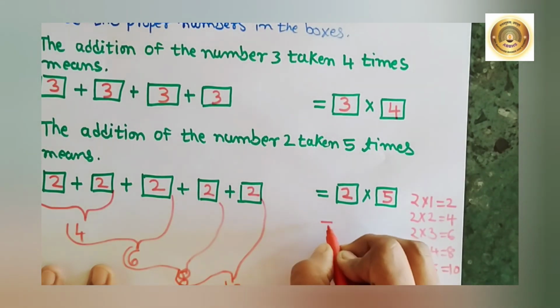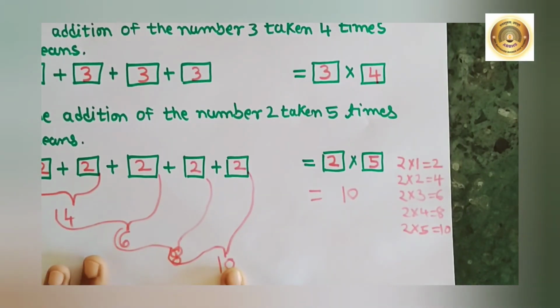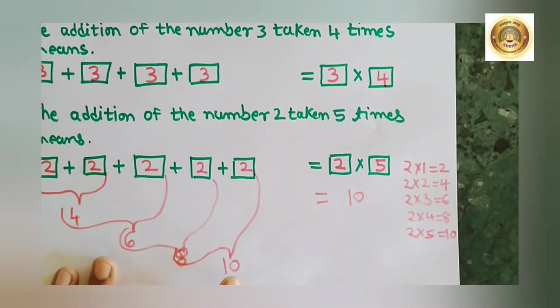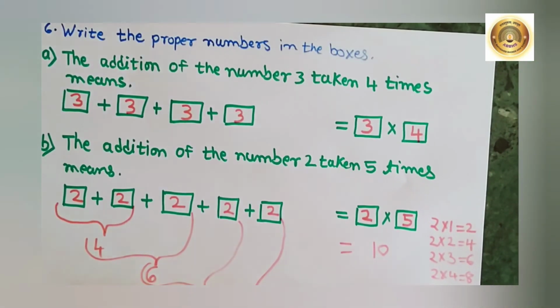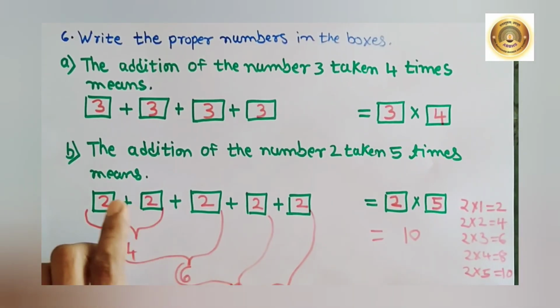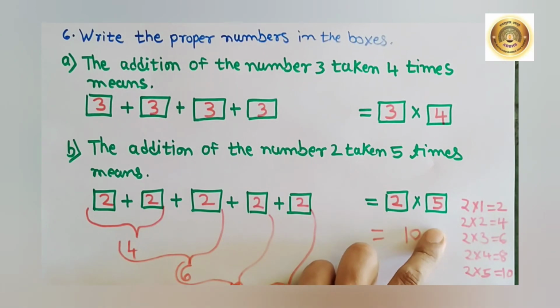So we will write here 10. So what do we conclude, children? That in both the patterns you are getting the same answer. Means if you have to add the same number a number of times, you can use multiplication.